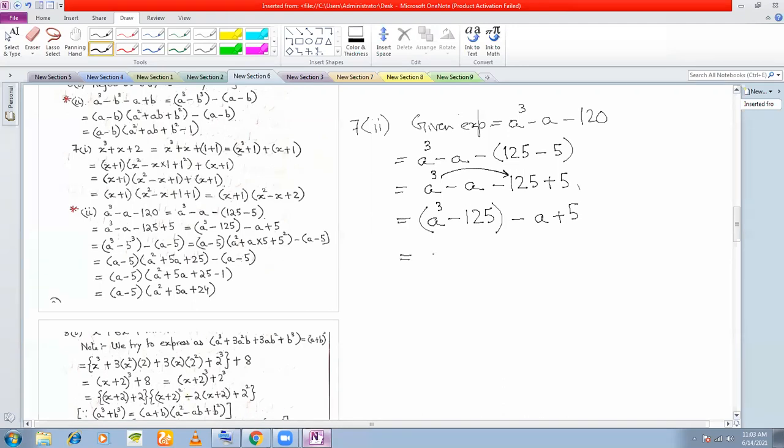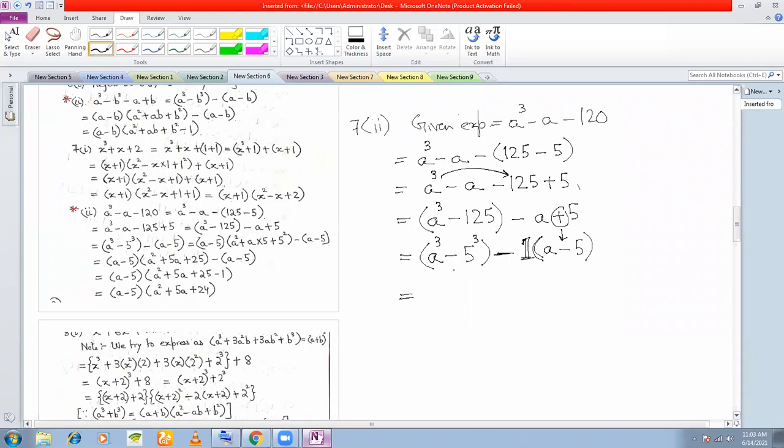So this you write as a cube minus 125 is 5 cube minus, now a plus 5, if I take a 1 outside, I'll get a minus 5, isn't it? Because I have taken a 1 outside this bracket and I have kept a minus sign here, this plus sign will change to a minus sign.